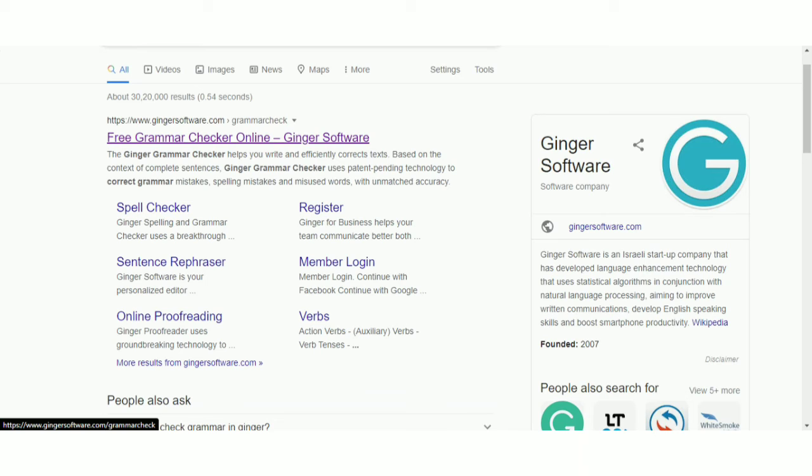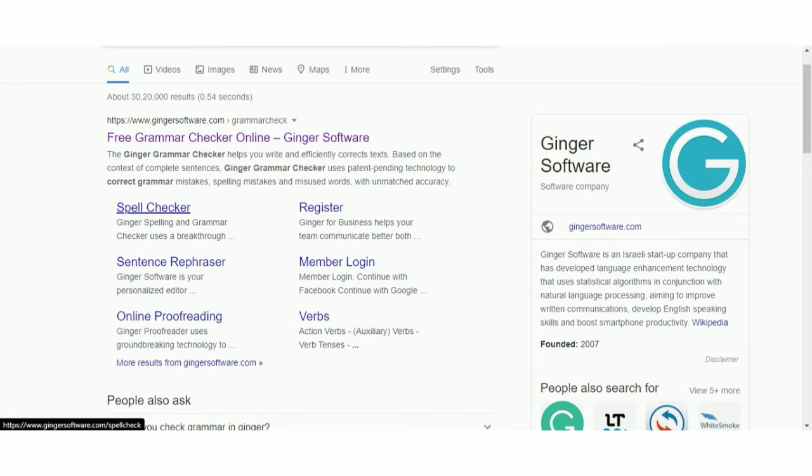Ginger Software. I have talked about this in my previous video also, that it is beneficial for you if you start using it while rephrasing your answers for the question, or you can write essays using this. You can write emails, stories, letters, notices as well, to know whether your sentence formation is right or wrong.